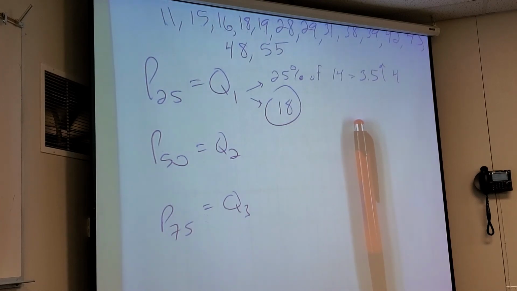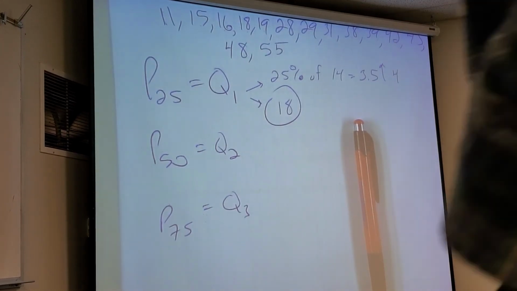For Q3, you go 4 in. If you get 7, it's a whole number. You have to average that with the 8th number. So those are the only two things that could possibly happen. Right, okay. Yes, good.